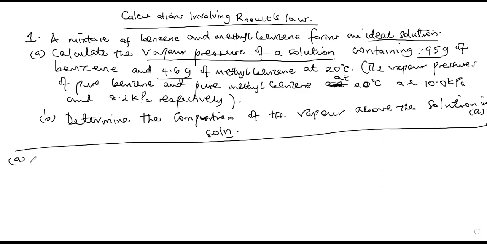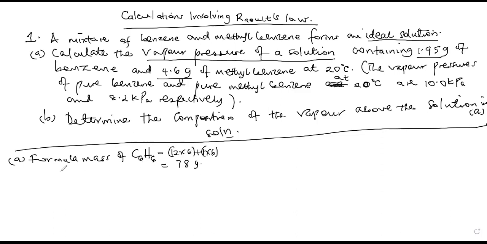So our part A, let's look for the formula mass of benzene. Formula mass of benzene is going to be equal to 12 times 6 plus 1 times 6, and the formula mass is 78 grams.